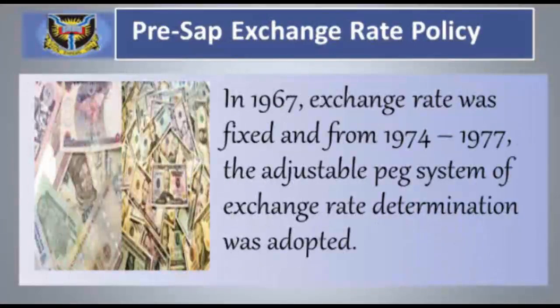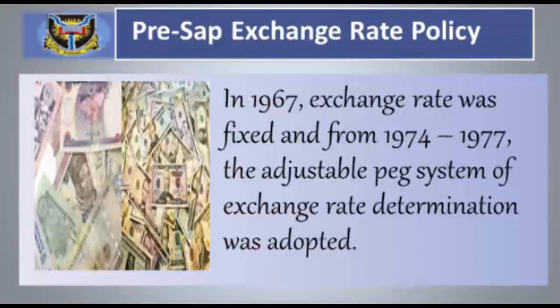In 1967, the Nigerian pound appreciated in value following the devaluation of the British pound sterling. Thus, the exchange rate of one Nigerian pound became 1.7 British pound sterling. At this time, the exchange rate was fixed.